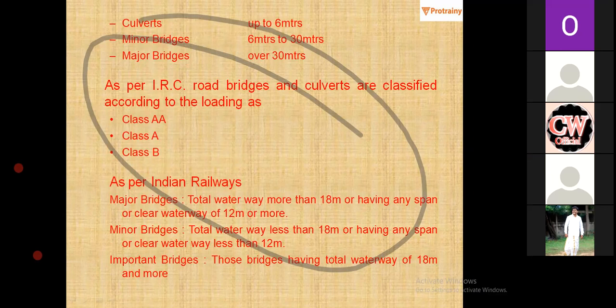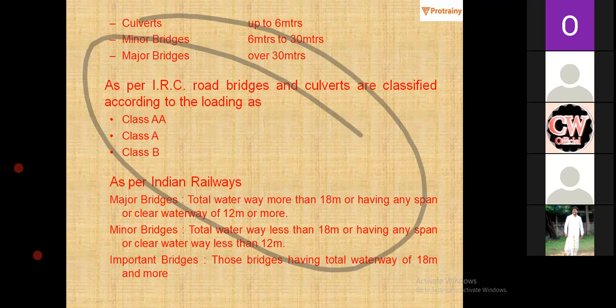We will take up this point further in the main course. Then comes minor bridges. If the span is between 6 meters and 30 meters, your bridge can be categorized as a minor bridge. And if the span is over 30 meters, your bridge is under the category of major bridge. So this is the basic categorization of bridges as a culvert, minor bridge, and major bridge.